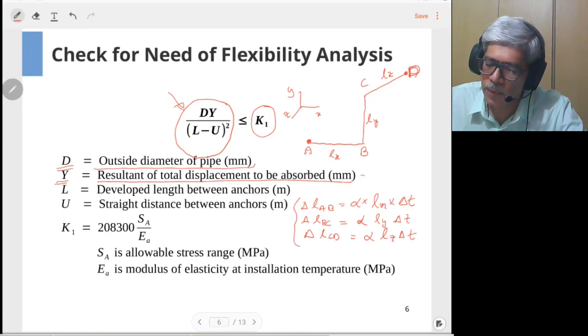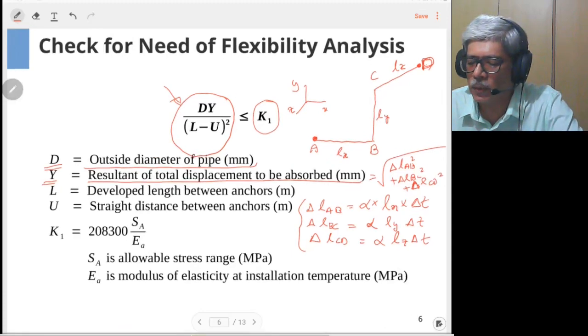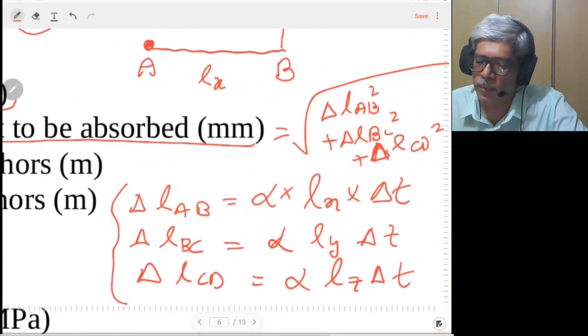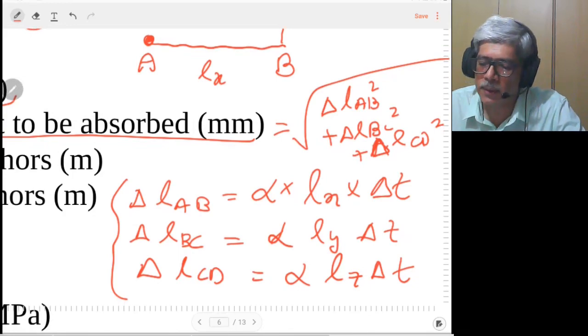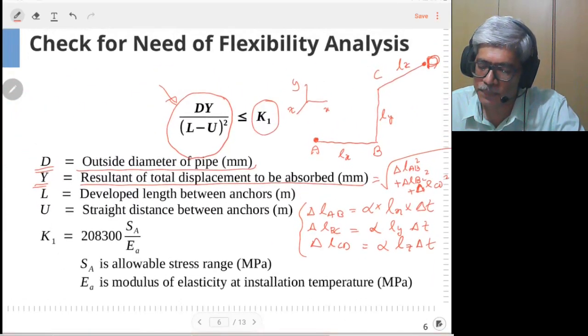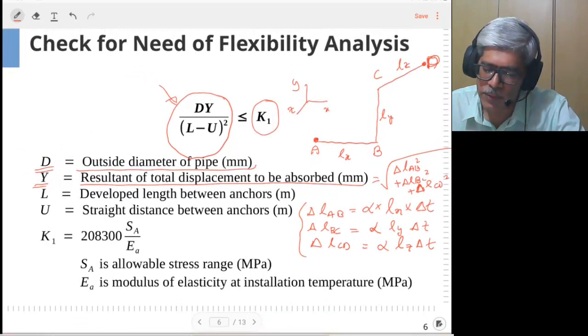So this Y would be nothing but the square root of delta LAB square plus delta LBC square plus delta LCD square. So that is how this calculation would be done. So this Y factor will be the vector sum of the three expansion values.